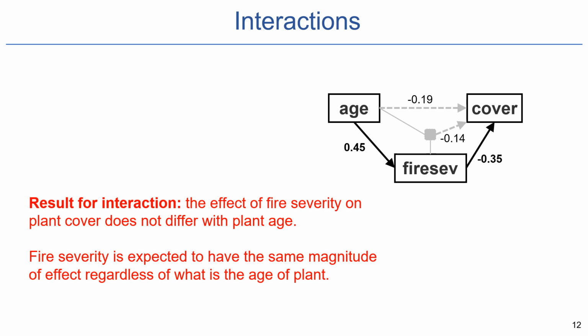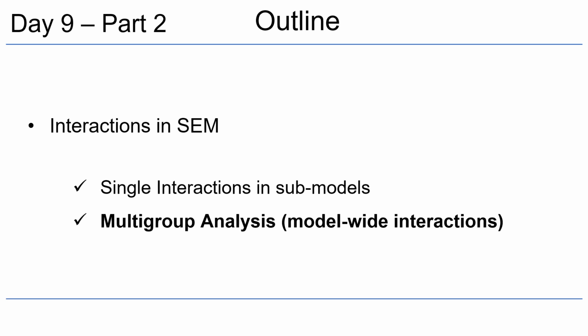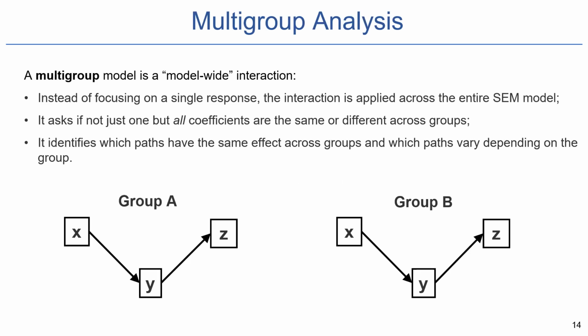The next part is on the multi-group analysis, or the analysis of model-wide interactions. So what we do in the multi-group model is that instead of focusing on a single response variable, the interaction is applied across the entire SEM model.